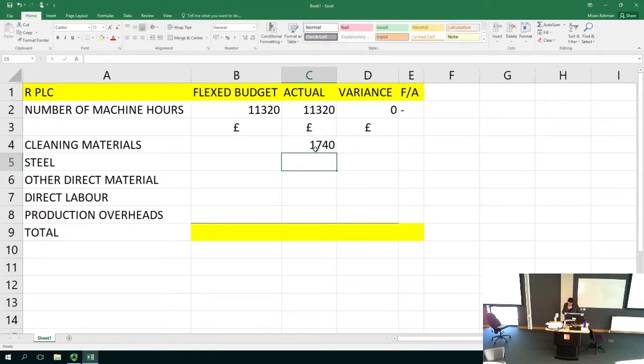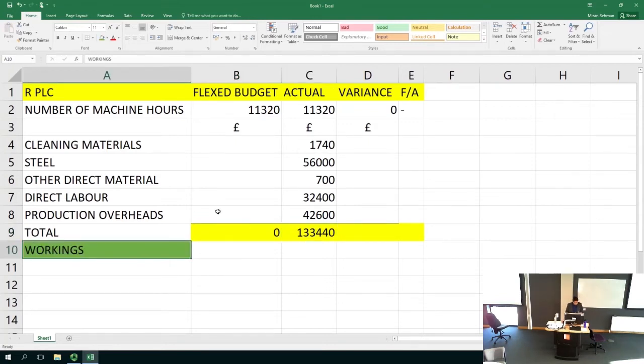That can be done straightforwardly. First of all, cleaning material is variable, steel is variable, other direct material is variable.